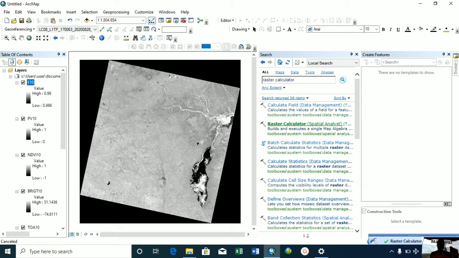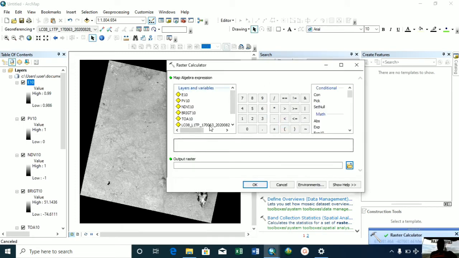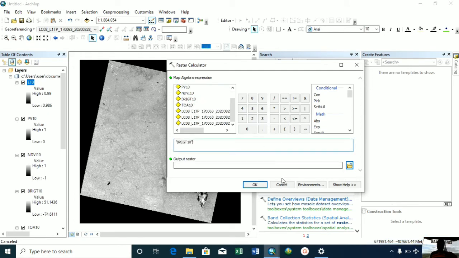So you have to go to your raster calculator here. Press it here, and then you take the brightness temperature, this one, brightness temperature divided by bracket 1 plus, bracket this wavelength of band number 10.